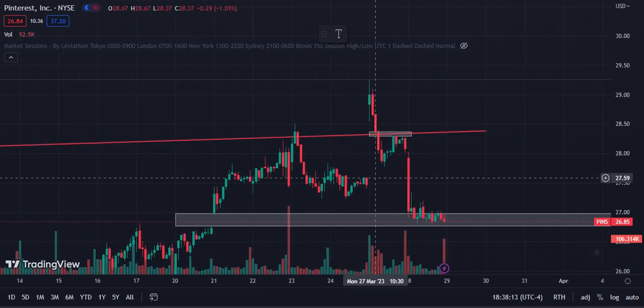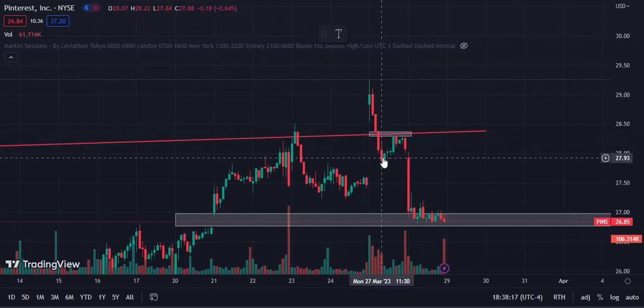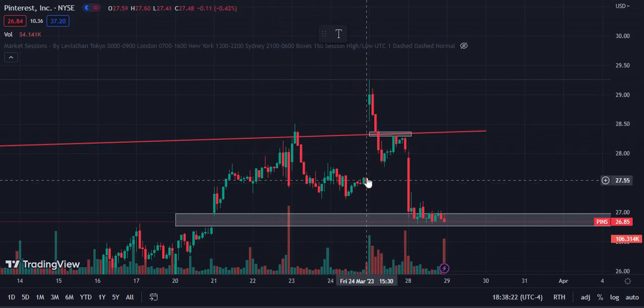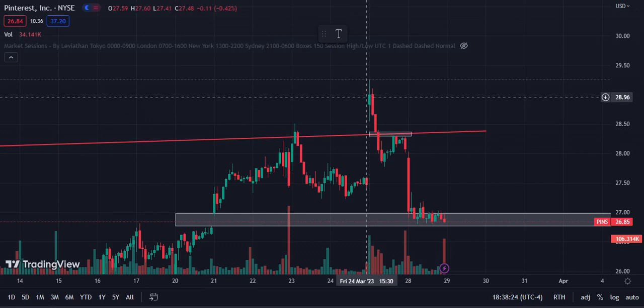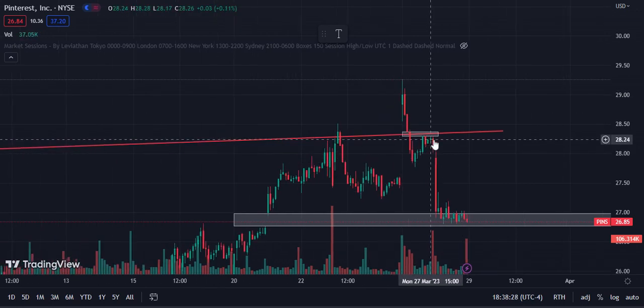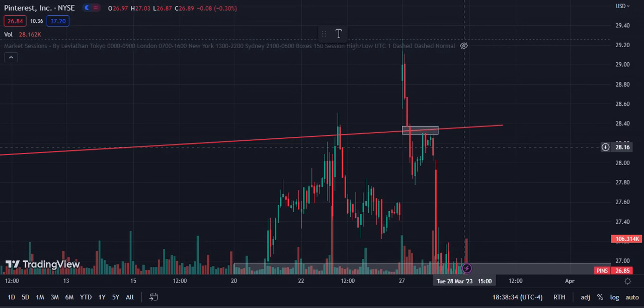So, what did I see? I saw a pop above the trend line and it rapidly tanked below. What does that mean? I think that constitutes a liquidity grab, because people were taking it long off the break of the trend line, and it rapidly came back down. And what did we have right after? We had a retest of that trend line. Obviously, it's not going to be a perfect retest because trend lines are somewhat subjective.